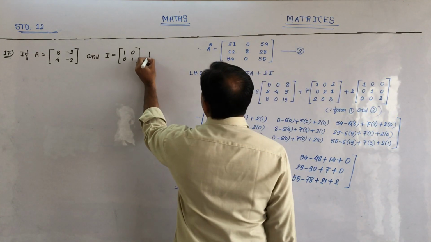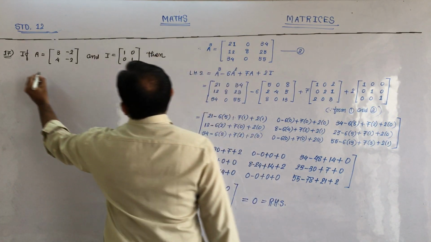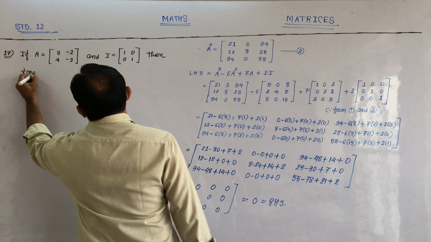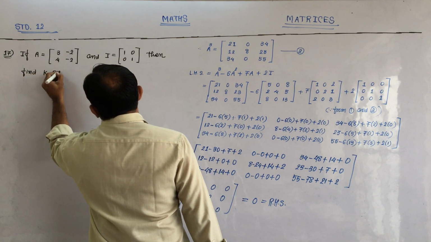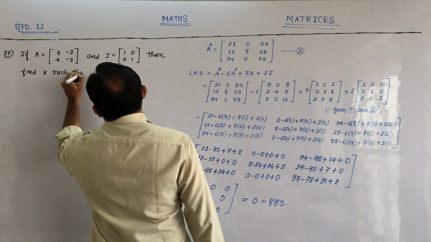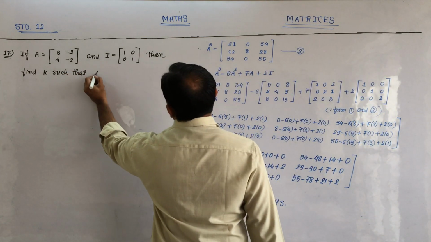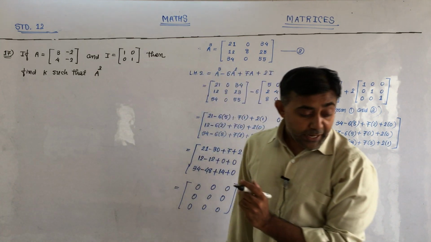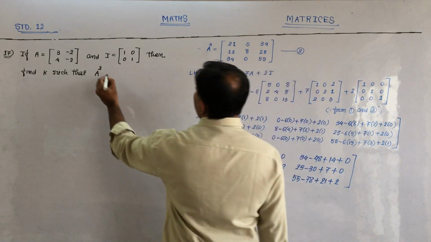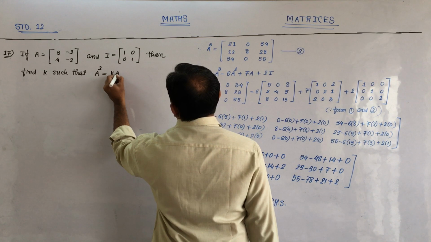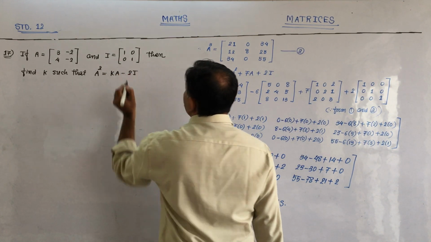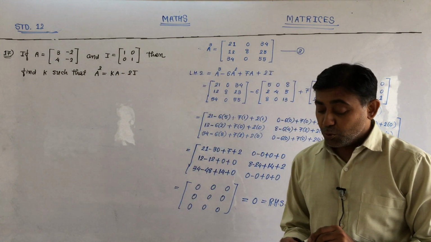Then find K such that, it means K is any constant, such that it is given that A square is equal to Ka minus 2i. See here, A square is Ka minus 2i.